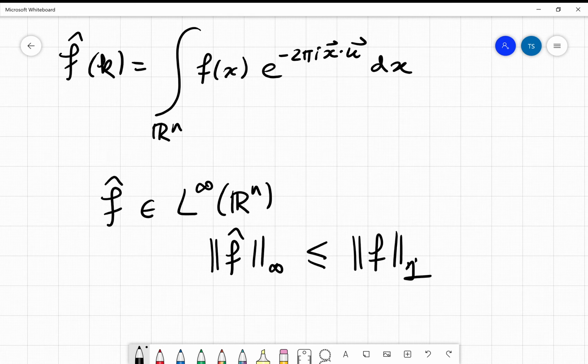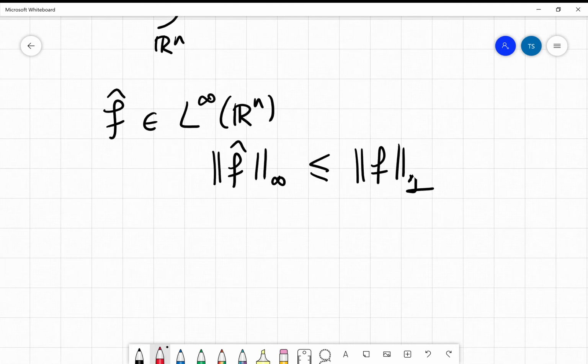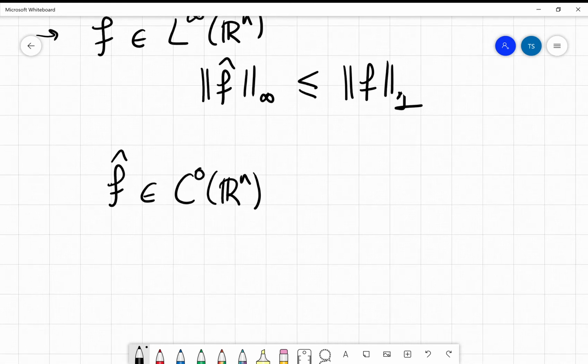And this is easy to see, right? Because the absolute value of this function right here is 1. Furthermore, not only is f hat in L infinity, but actually it is continuous on Rn.